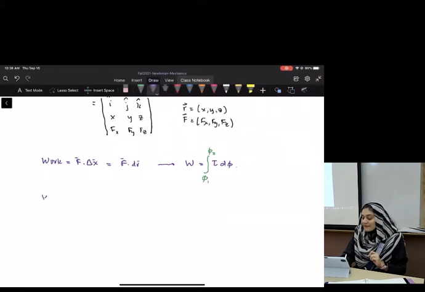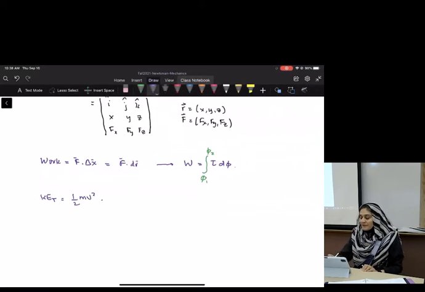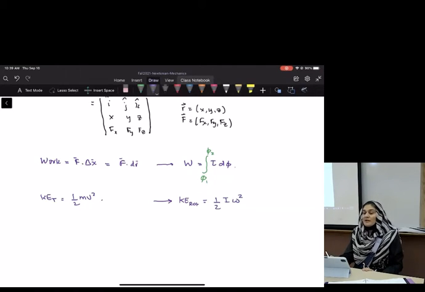Similar to kinetic energy, when we were going in a straight line, we called it 1/2 mv squared. How does that change for rotational motion? Rotational kinetic energy is 1/2 I omega squared, where I is the moment of inertia, and the moment of inertia depends on what kind of symmetry you're dealing with.